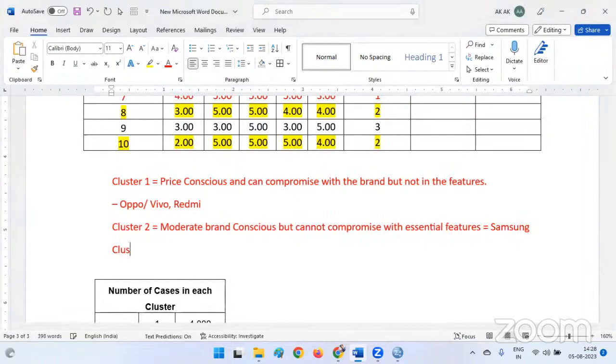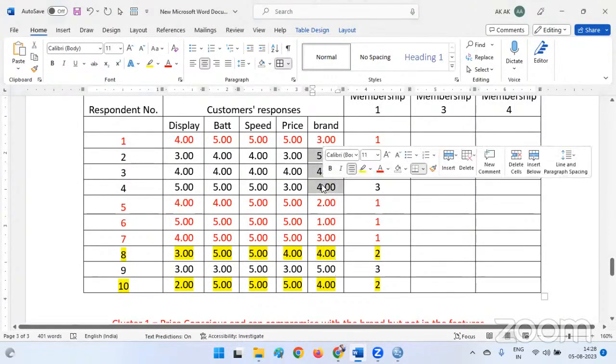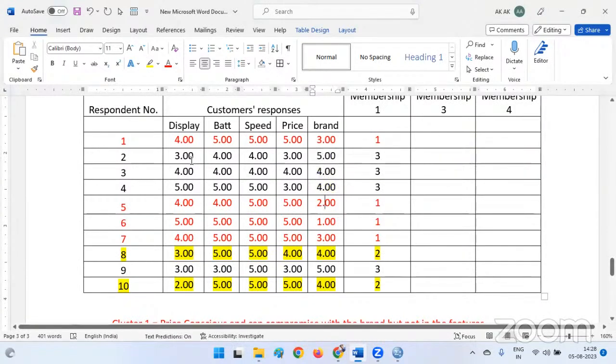The third cluster comes, is 5, 4, 4 and 5. So they're more brand conscious, but only a little bit more, because if you calculate the average, they do not want to compromise with any of the features, but they are towards the brand.